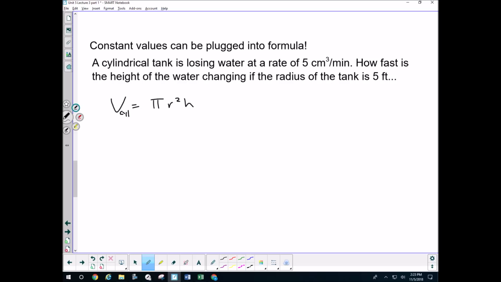Write down all the other information that's given to you, but then pause. Don't go further. The translation of cubic centimeters per minute, that's a volume, a change in the volume.